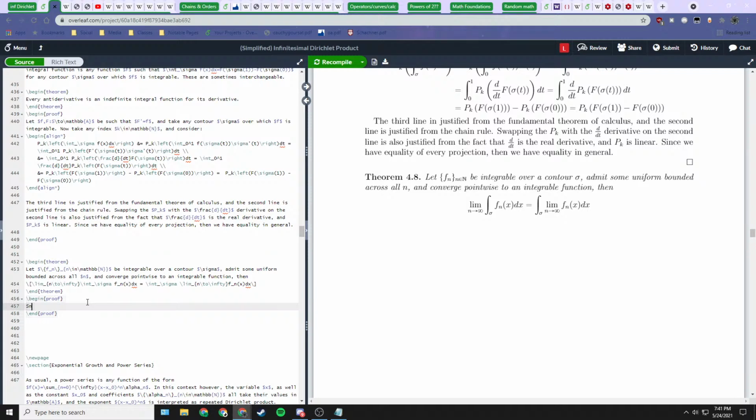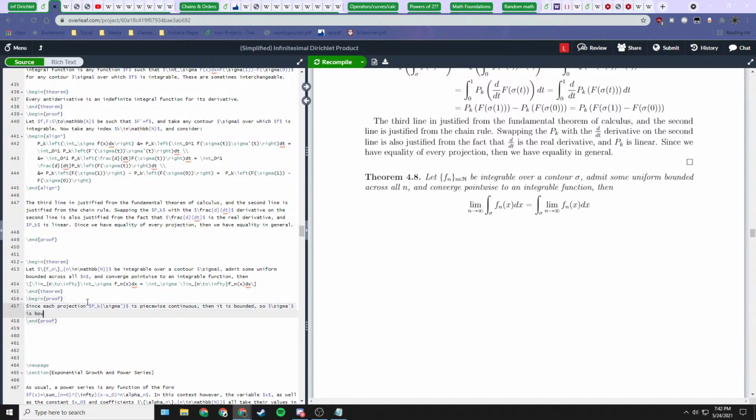So since each projection piece of k sigma prime is piecewise continuous, then it is bounded. So sigma prime is bounded as well.